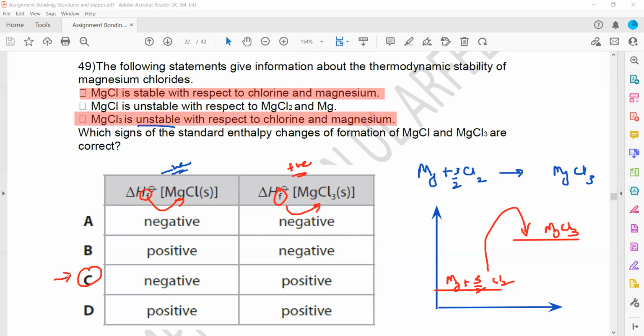Is it clear? This is how we work out the sign for enthalpy change of formation, or enthalpy change. If you have any doubt or you want me to repeat, just let me know.